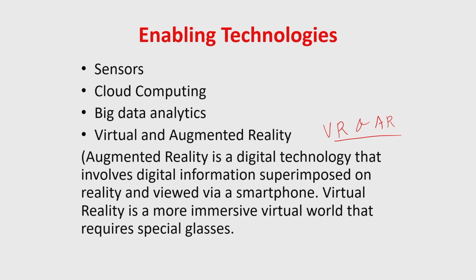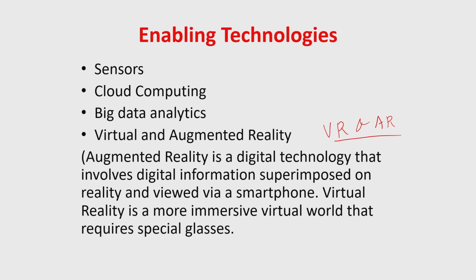Augmented reality is a digital technology that involves digital information superimposed on reality and viewed usually via a smartphone. For example, you are playing a game in which treasure is hidden somewhere in your room and you have to search for it.